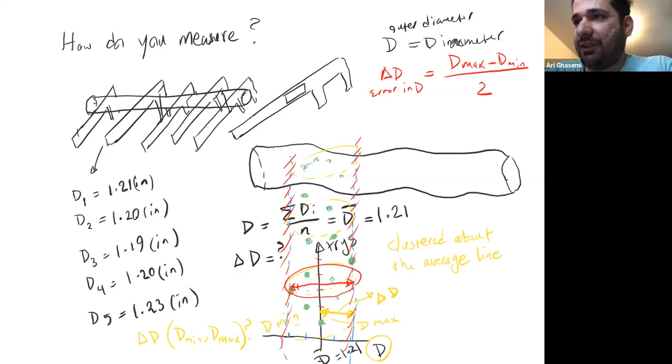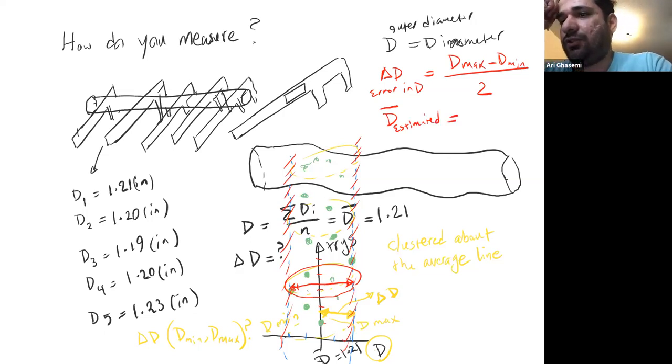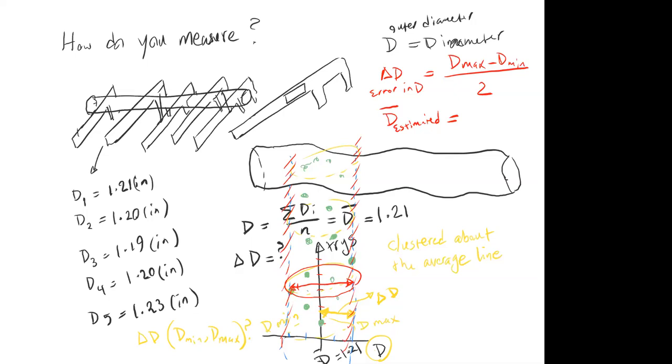What about D average? What's the other formula if somebody gives me just two numbers, max and min, not all the data? How can I estimate the average just by using D max and D min? Now you should be able to give me this formula. Any idea? D max plus D min divided by 2?